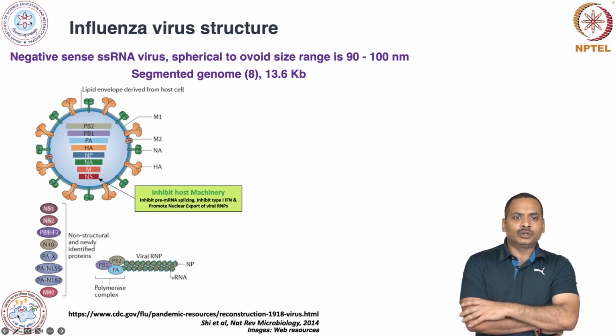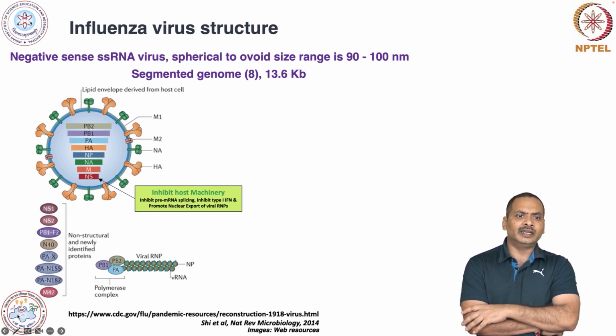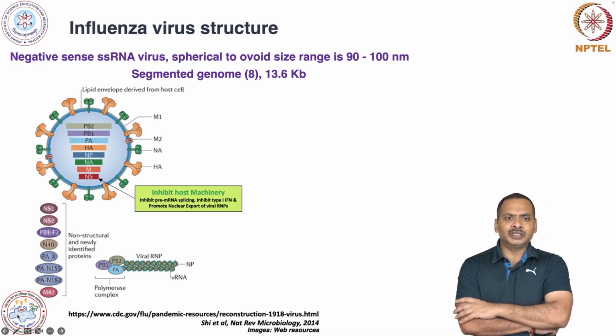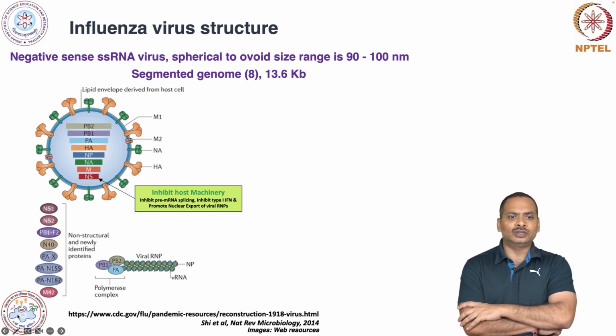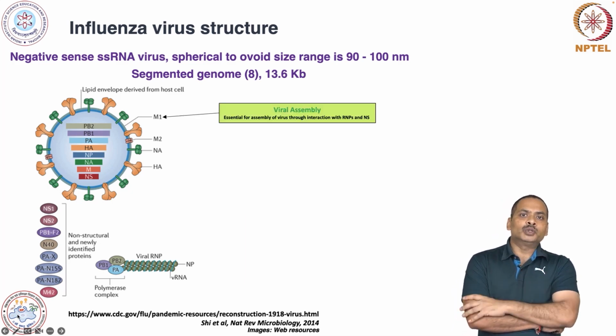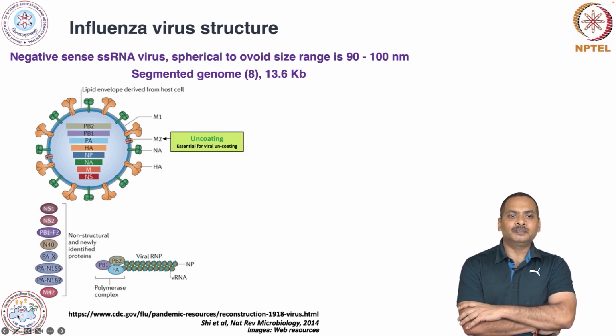I have already told you the function of each component. So NS protein plays an important role in inhibiting pre-mRNA splicing, inhibiting type 1 interferon, and promoting nuclear export of viral RNP. M1 protein plays a very important role in viral assembly.